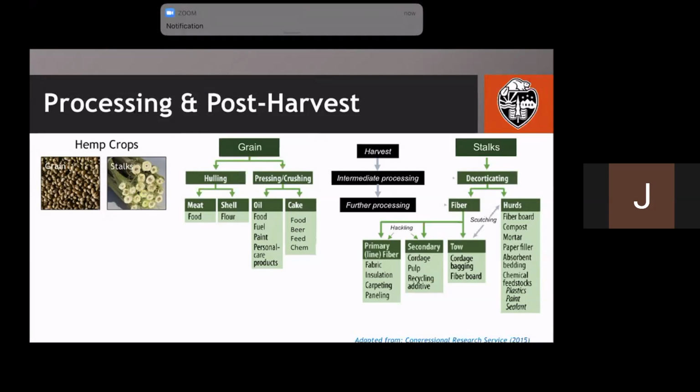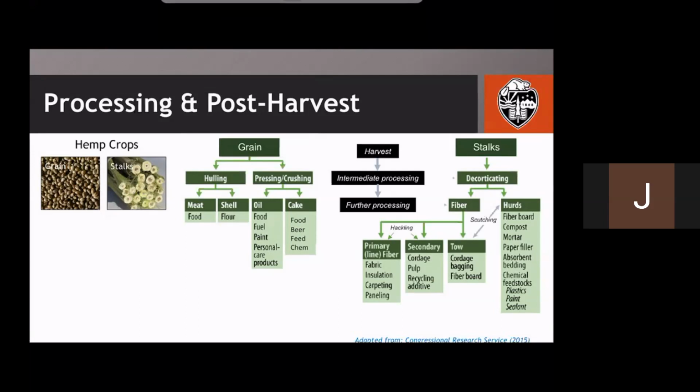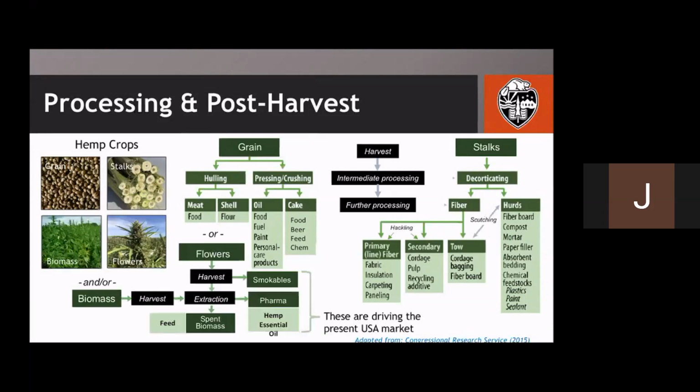In addition to that, we're going to talk about the processing of flowers and or biomass. That's where the tops, or at least the gathers of flowers, are harvested, and they move off into the products that really are driving the present U.S. market.